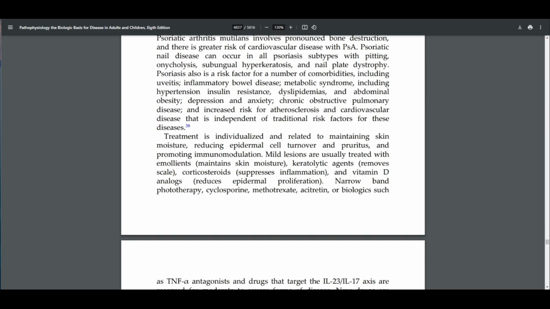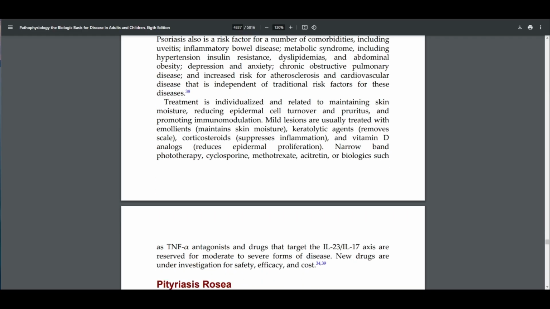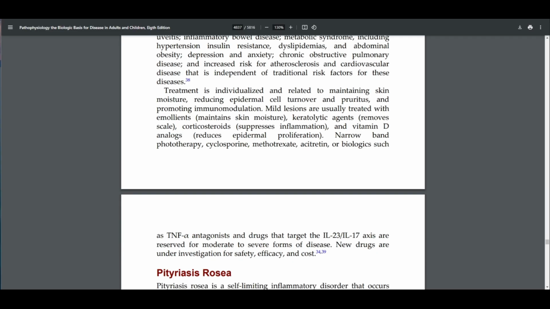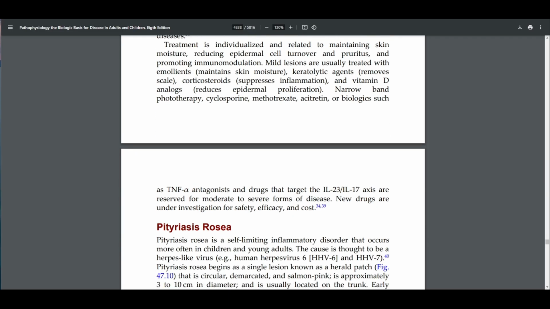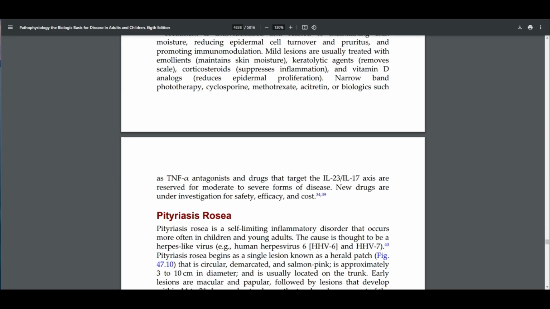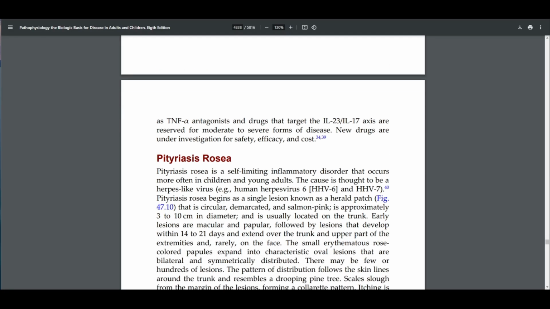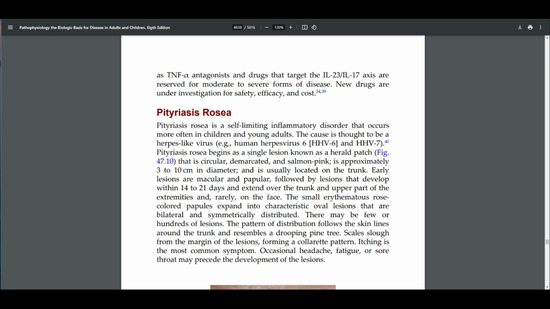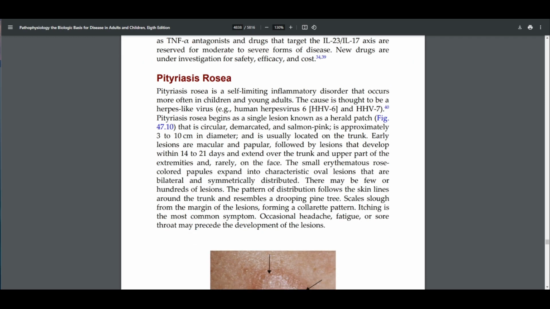Narrowband phototherapy, cyclosporine, methotrexate, acitretin, and biologics such as tumor necrosis factor alpha antagonists and drugs that specifically target the interleukin 23 and 17 axis are reserved for moderate to severe forms of disease. New drugs are under investigation for safety, efficacy, and cost.